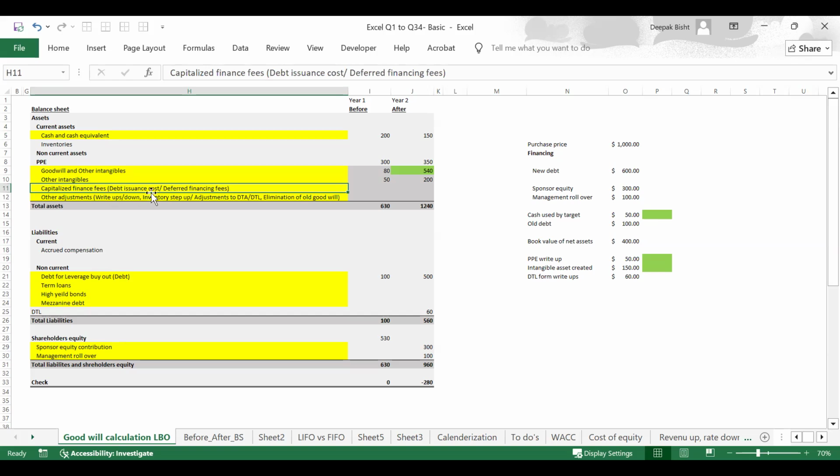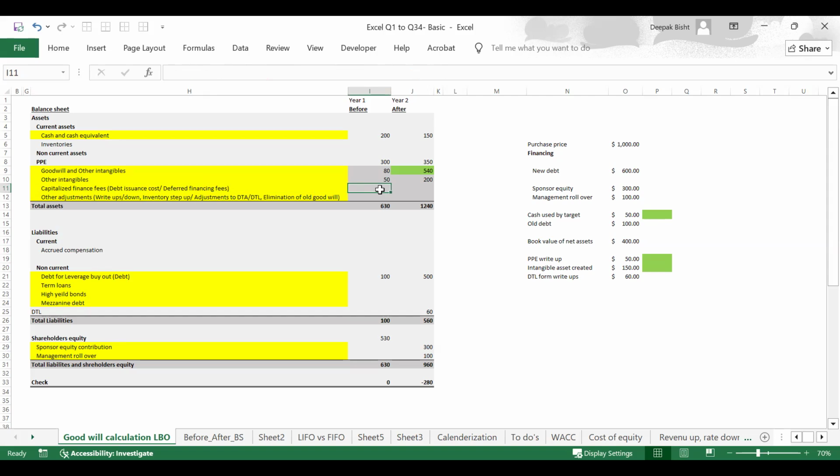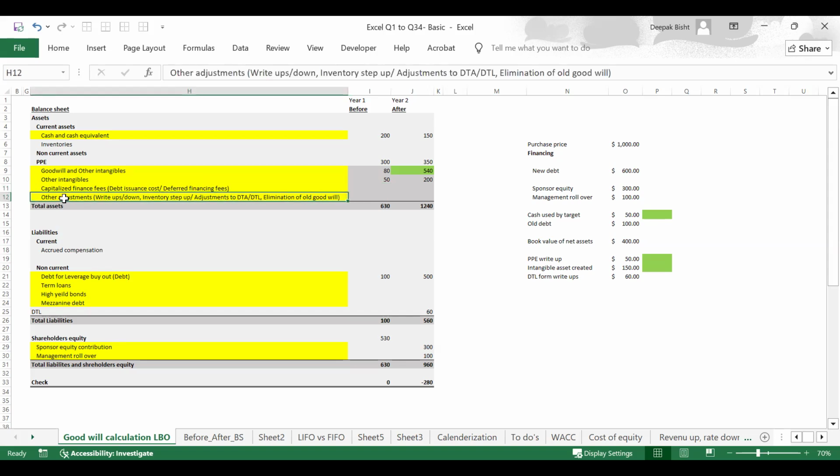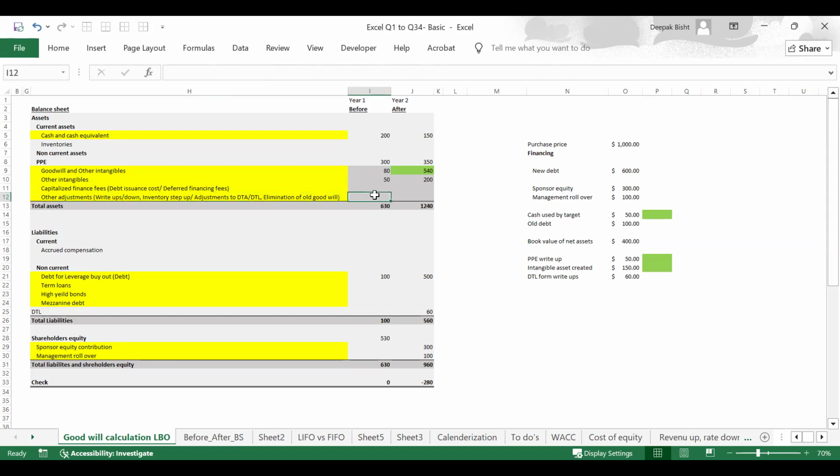We are using debt issuance costs and deferred financing fees, which we put on the balance sheet because those are expenses we capitalize. Previously, we discussed which costs we capitalize and which costs we expense out. Other adjustments are going to be write-ups, inventory step-up, adjustments to DTA and DTL, and elimination of old goodwill. So old goodwill we will eliminate.